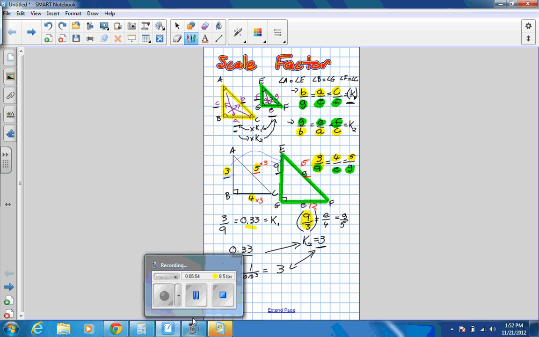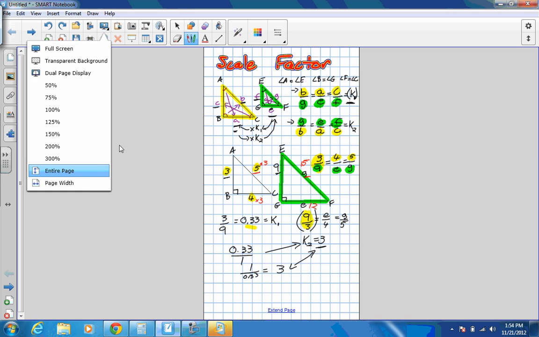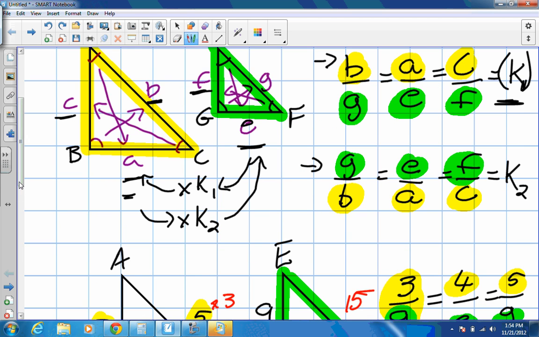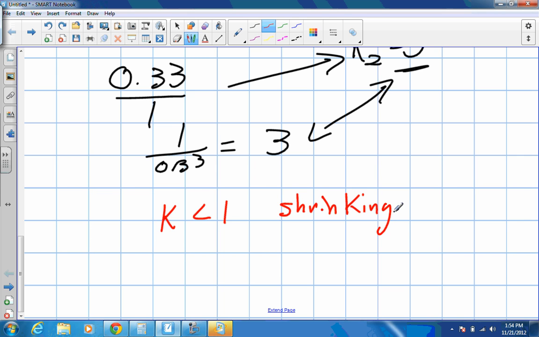So with that being said, let's write a little bit of a rule, just so you remember if you're confused. If k, our scale factor, is less than 1, we're shrinking in size. In other words, we're going from a large triangle to a small triangle.